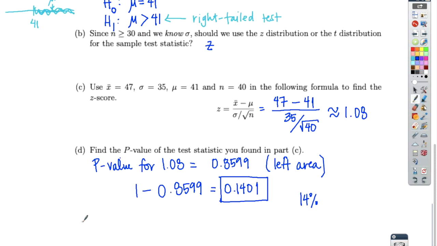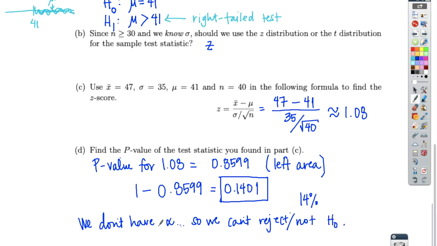Remember, the level of significance is called alpha. So just a note here, we don't have alpha, and that just tells us we can't reject or fail to reject our null hypothesis. Basically, we can't conclude our test at this point. All we can say is, well, there's a 14% chance that that data really is consistent with a mean of 41.